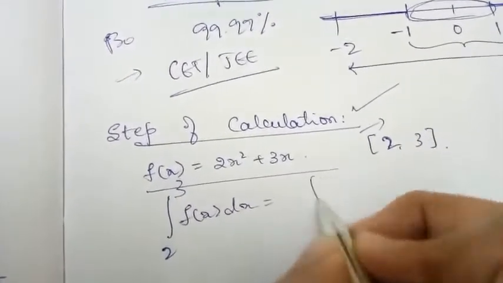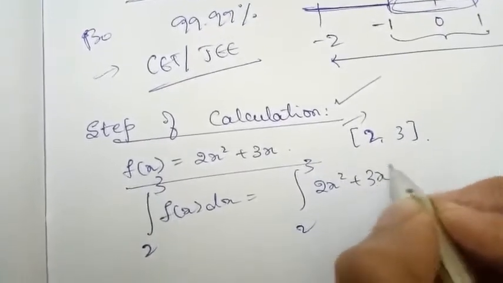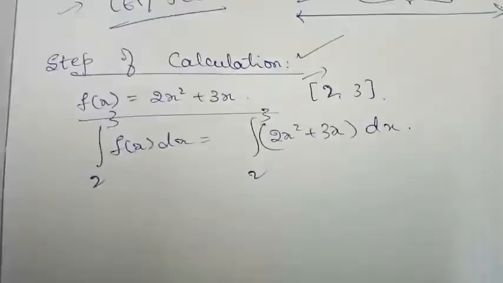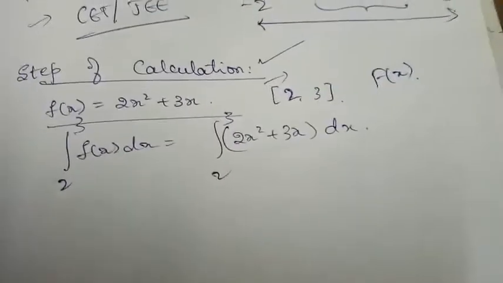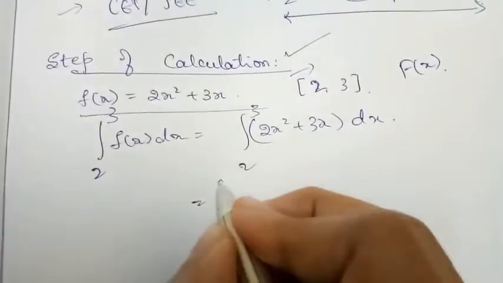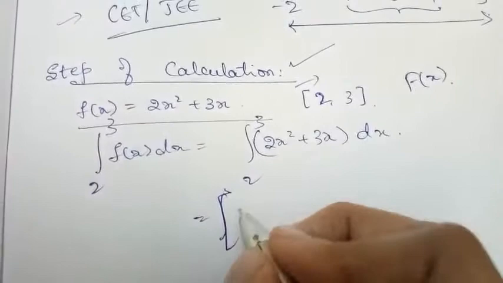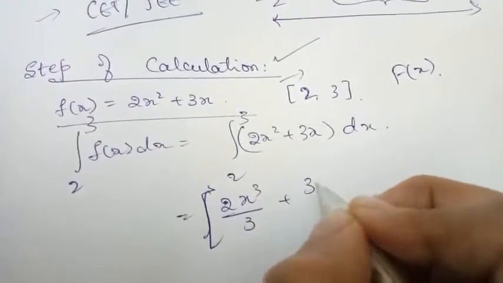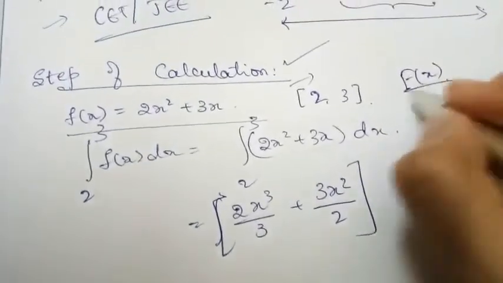It is nothing but the integral from 2 to 3 of 2x square plus 3x dx. First write it like this and find the integral. What is the integration of 2x square? It is 2x cube by 3 plus 3x square by 2. So we got F of x.